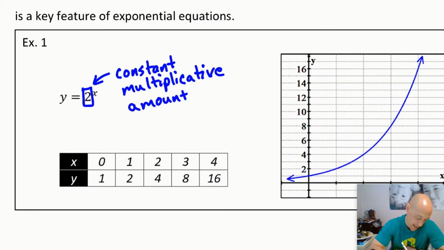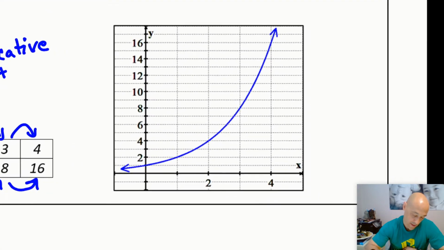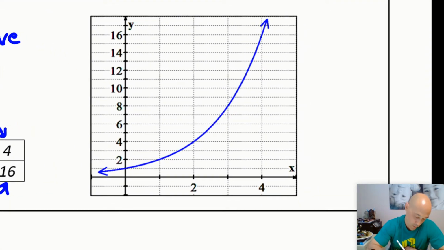So what we see is that as our x values increase by 1, our y values are being multiplied by 2. And so you can see that's why it's a multiplier of 2.